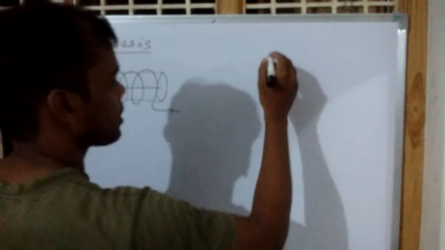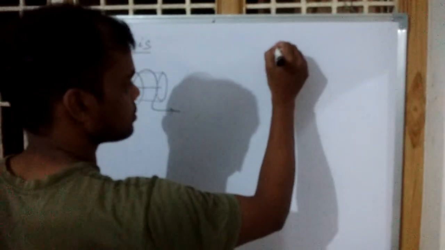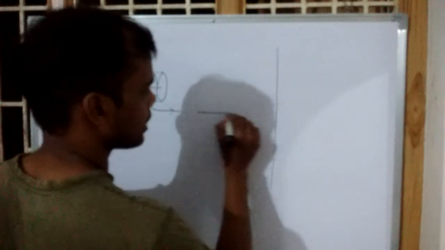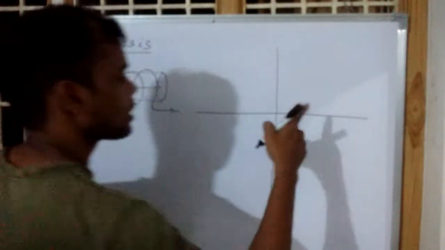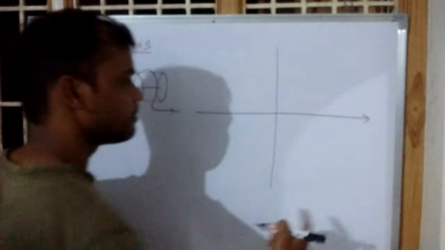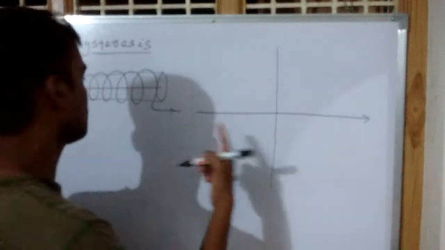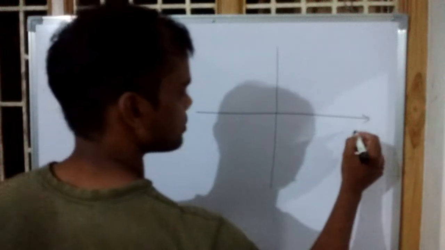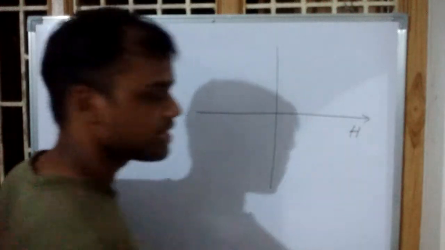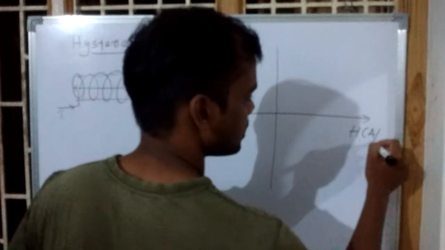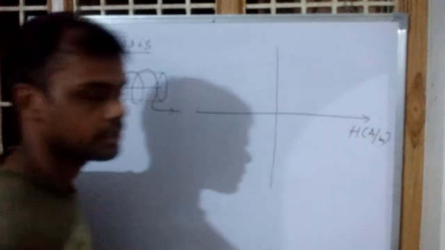To study this we have to draw an axis like this. In this axis the independent quantity is the current entering the solenoid, but here we shall not use current, instead we shall use magnetic field intensity H, which is obviously directly proportional to current.